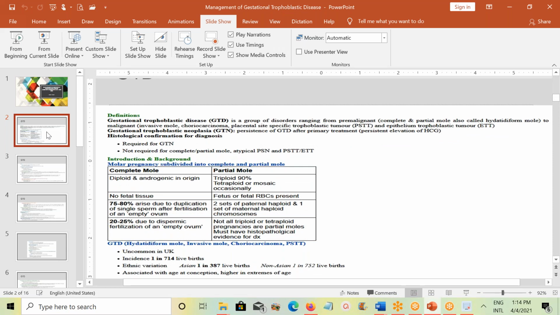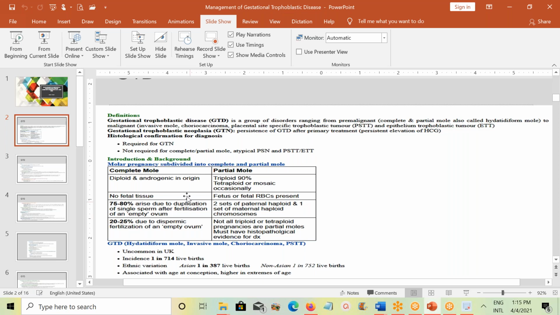In cases of complete mole, partial mole, atypical placental site trophoblastic tumor, epithelioid trophoblastic tumor, or persistent trophoblastic disease, you need to do that. That is important.